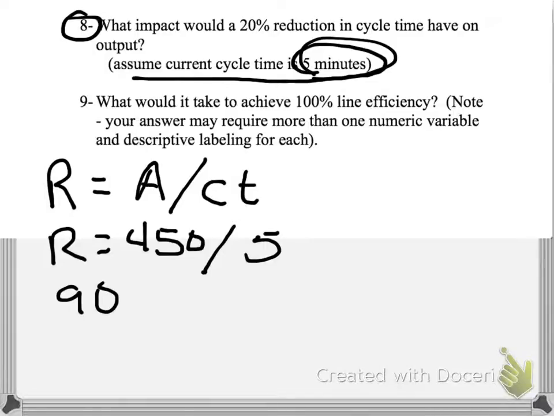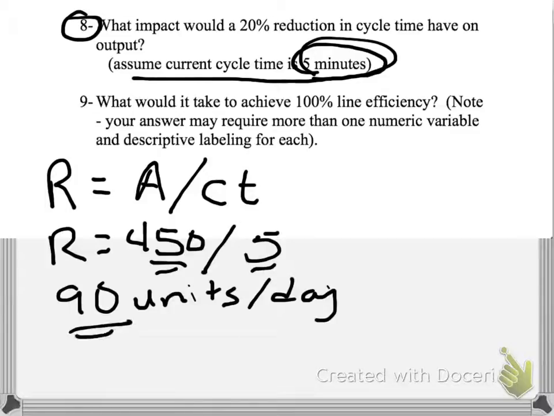And actually our output is 90 units per day, because we knew that 450 is the maximum number of available minutes per day, and our cycle time was in 5-minute increments. So our output is 90 units with a 5-minute cycle time.